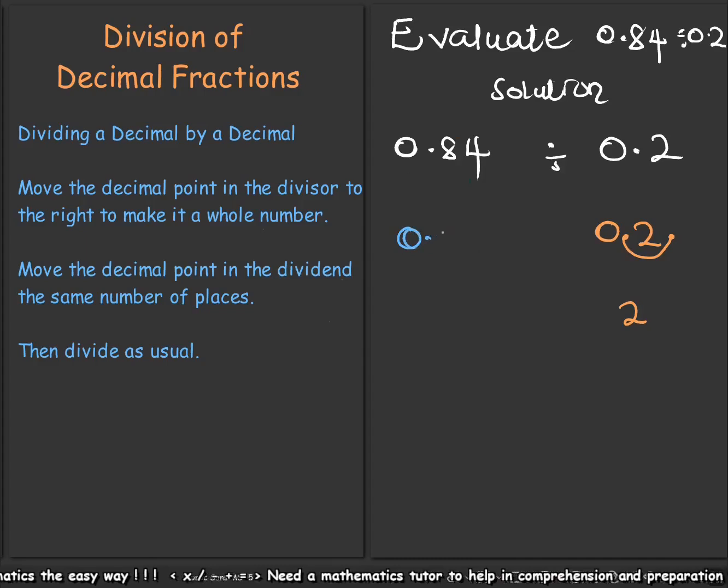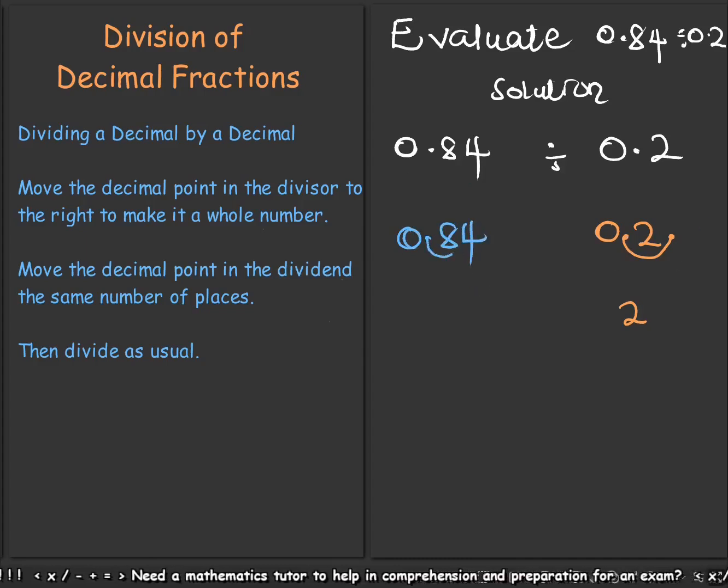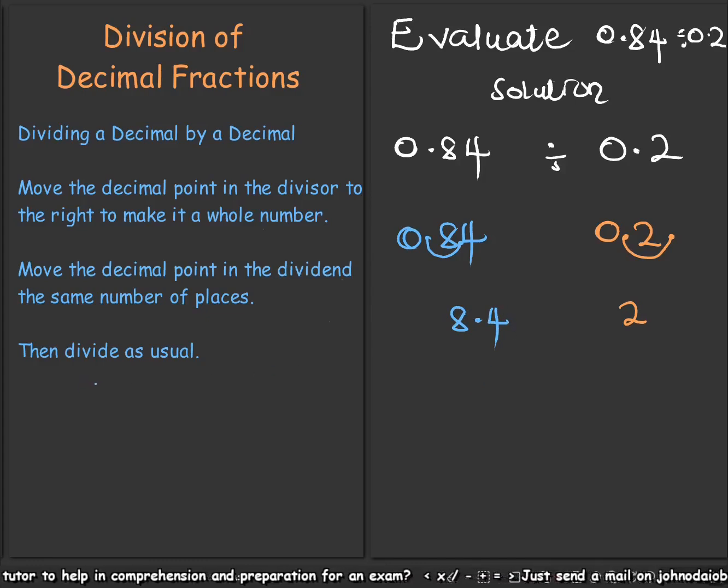So we have 0.84, and we have moved the divisor once. So let's move this also once. Then it becomes what? 8.4. So instead of 0.84 divided by 0.2, we are actually going to solve 8.4 divided by 2.